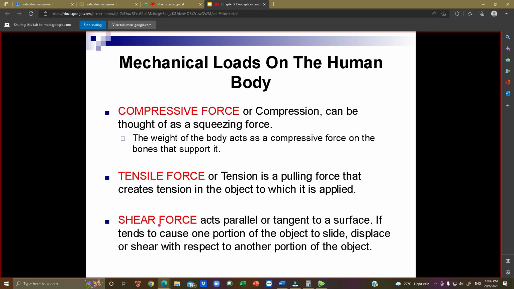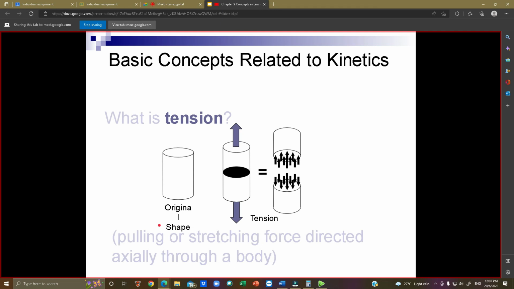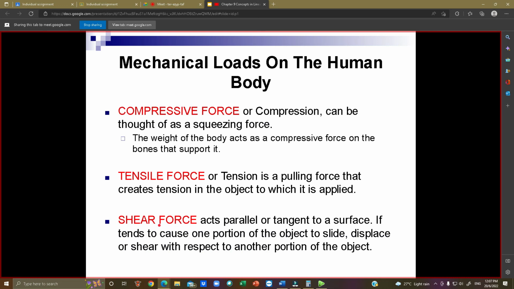Okay. Yang kedua is tensile. Pull. Tadi kan kita ada force. Push and pull. So, push is also known as compression. Compressive. Tensile or tension. Dengar tension. Tension is actually a pulling force. Okay. Which create tension between one another. Dia tarik. And the third one is known as shear.